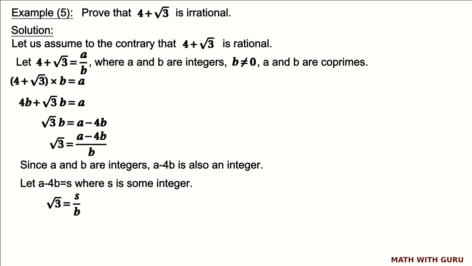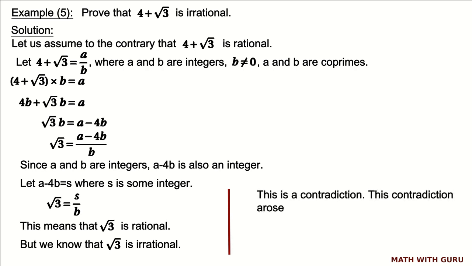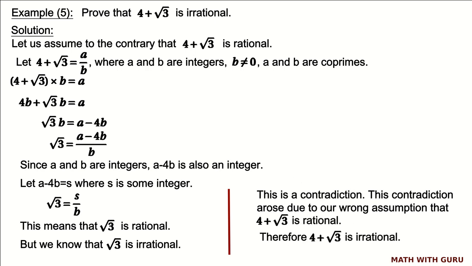Therefore, root 3 equals s over b. This means that root 3 is rational. But we know that root 3 is irrational. This is a contradiction. This contradiction arose due to our wrong assumption that 4 plus root 3 is rational. Therefore, 4 plus root 3 is irrational.